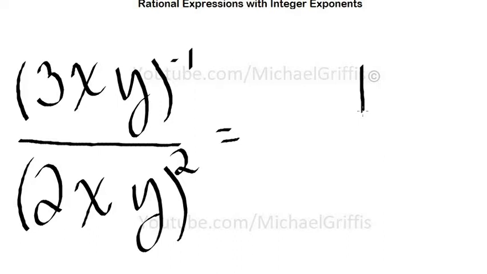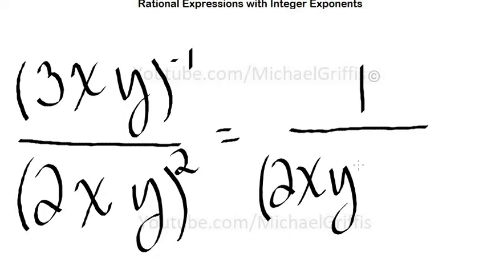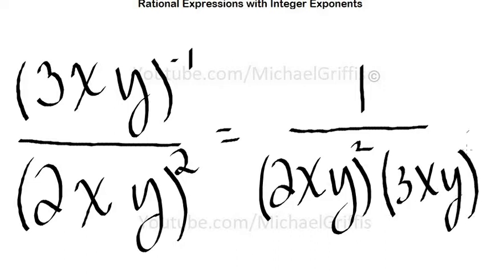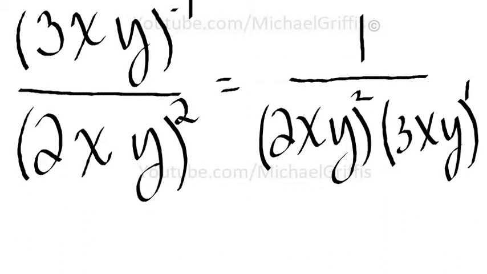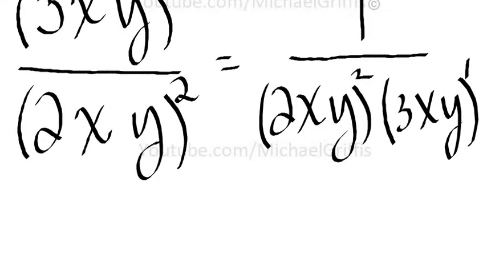So we'll be left with 1 on top over 2xy, that quantity squared, and then 3xy. So that's to the first power. Notice a +1 there because we took it all to the bottom, which makes it positive. I think life will be a whole lot easier on us if we do that.